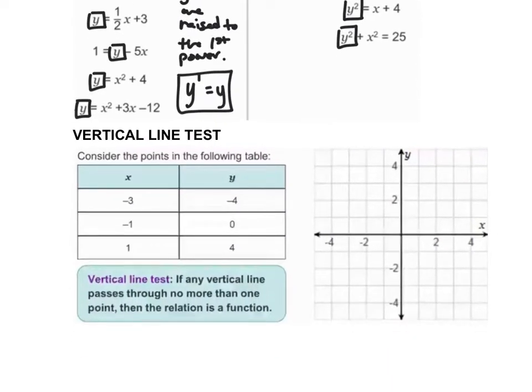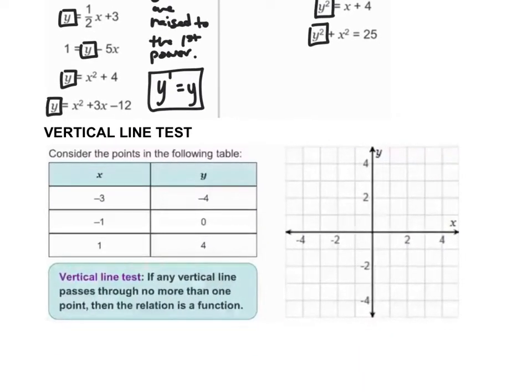Now the next one we're going to talk about is the vertical line test. The vertical line test allows us to look at a graph and determine whether or not it is a function. Let's go ahead and plot these points on this graph. I've got the point -3, -4, the point -1, 0, and then the point 1, 4.